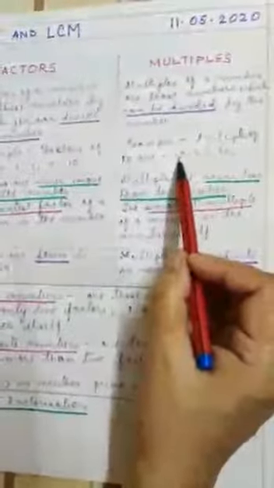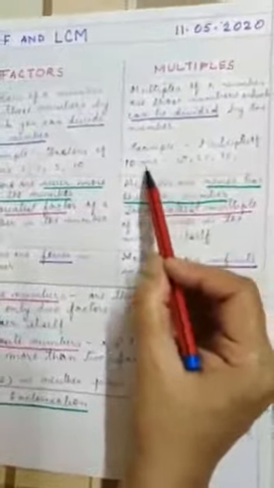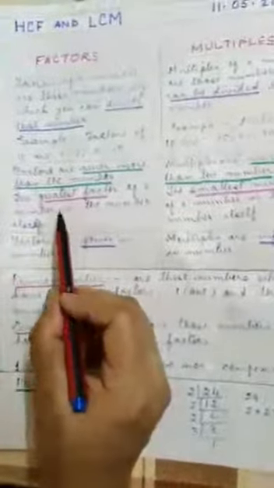Now multiples. Multiples are never less than the number. The smallest multiple of a number is the number itself. Like here you have seen multiples of 10: the smallest one, we begin with 10. So the smallest multiple will be that number itself. Now, factors are fewer in number because the maximum factor you can have is the number itself.